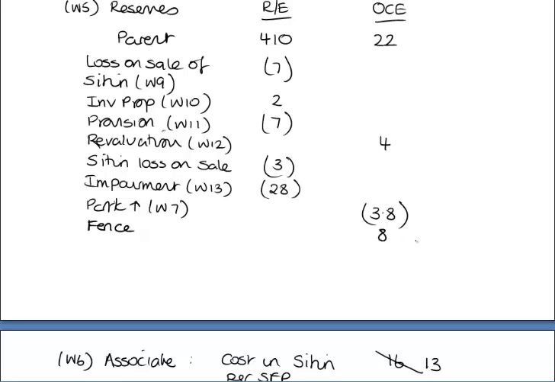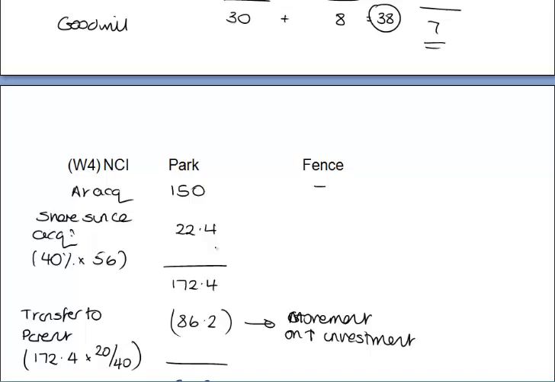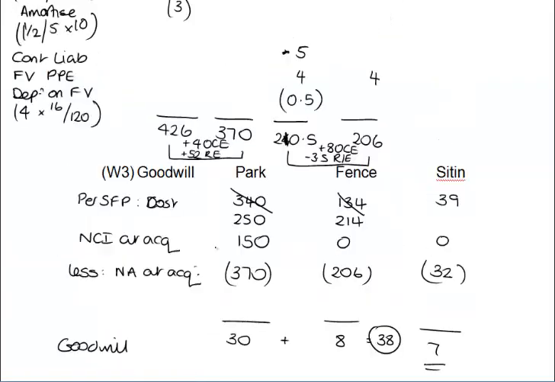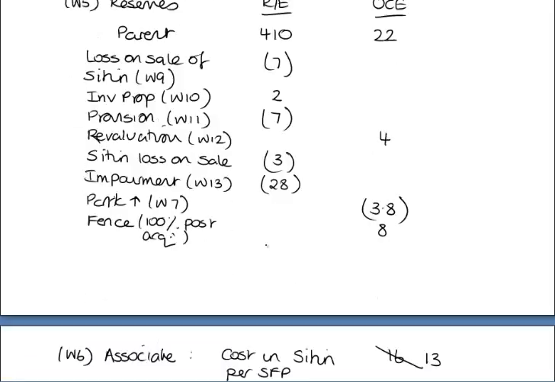Fence increase post-acquisition is 8. And as far as retained earnings are concerned, the retained earnings have gone down by 3.5. So we show that as minus 3.5.